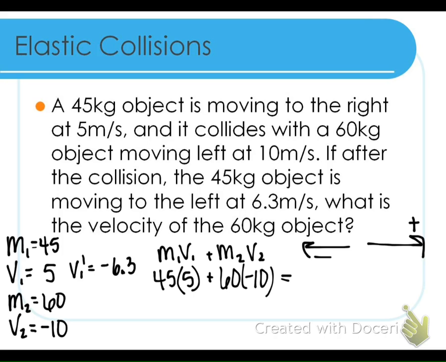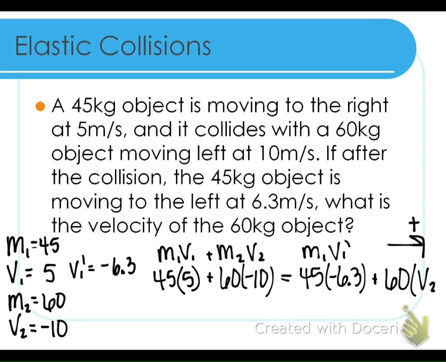All right, that's going to equal our 45 times negative 6.3, which is M1 V1 prime, plus 60 times V2 prime. All right, which is M2 V2 prime.